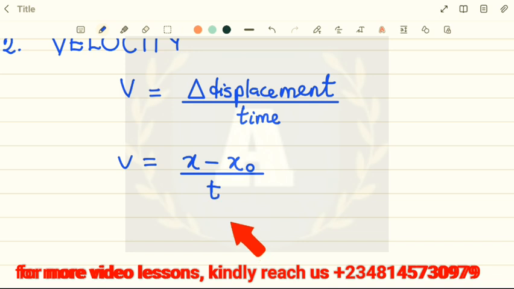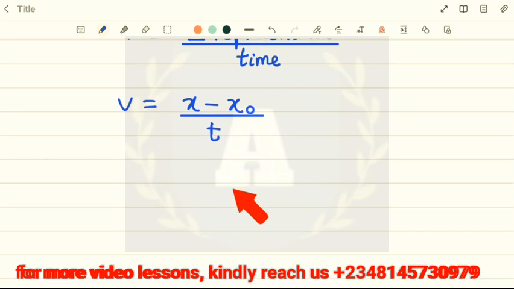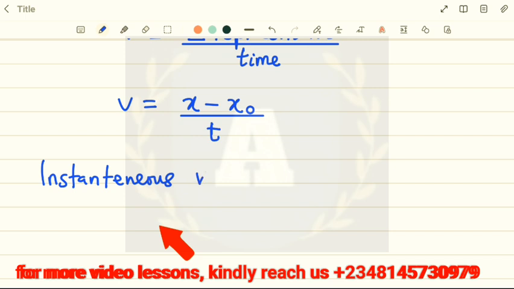So this we can use to find velocity. But when it has to do with the velocity of an object at an instant of time, we call that instantaneous velocity.